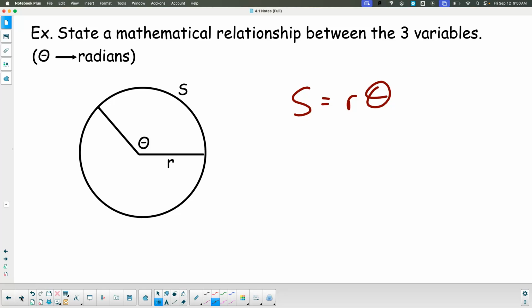Which one? S, R, or theta? Theta's got to be in radians. It was a 50-50 yes. Yeah. Actually, it was a 1/3 chance there. Okay? All right?